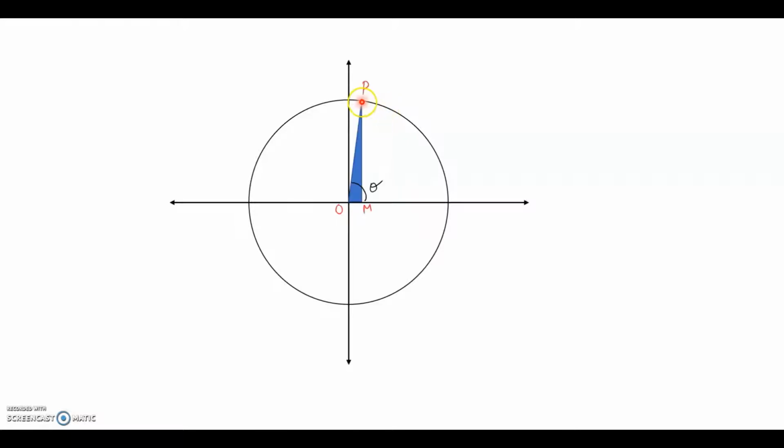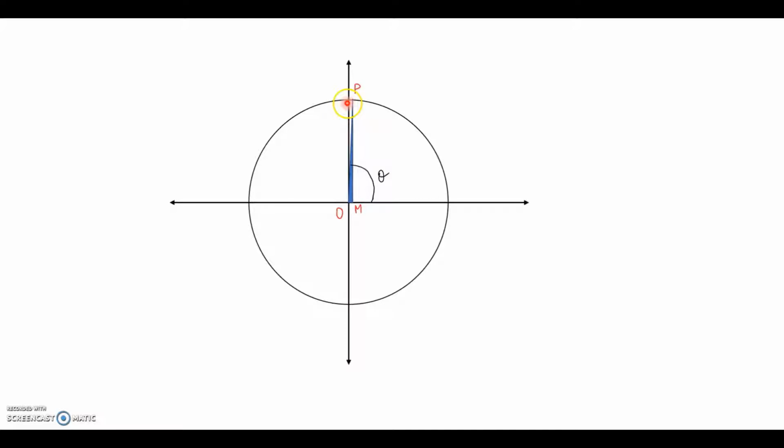If I move it all the way here, then you will notice that our theta is almost now 90 degrees. So as theta approaches 90 degrees, we notice that this OM is getting close to zero, which means M will disappear into O and P will coincide with the y-axis.